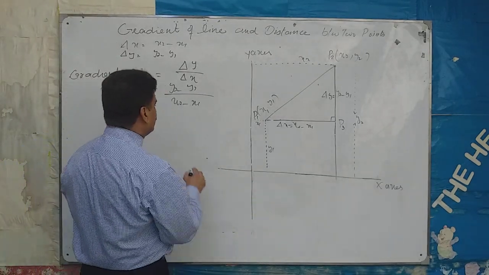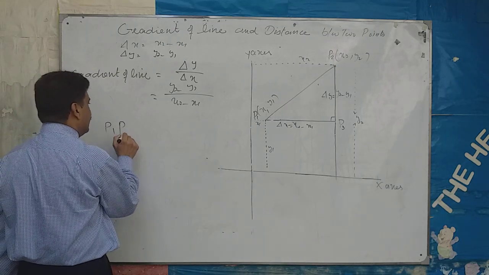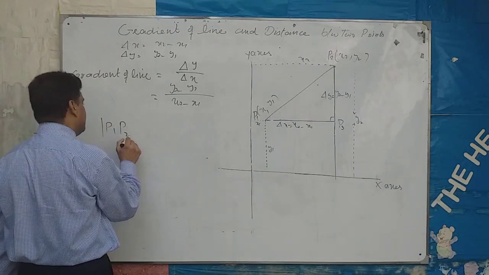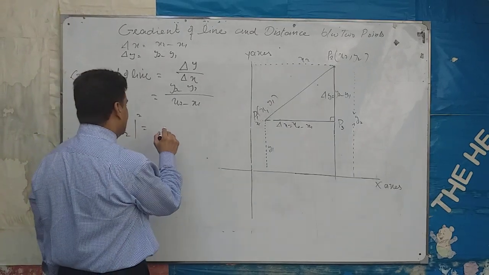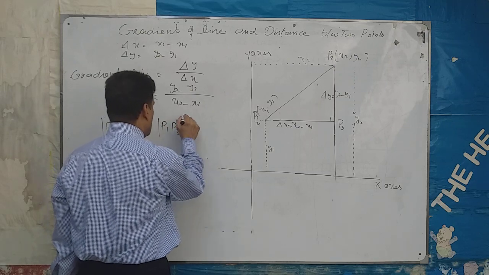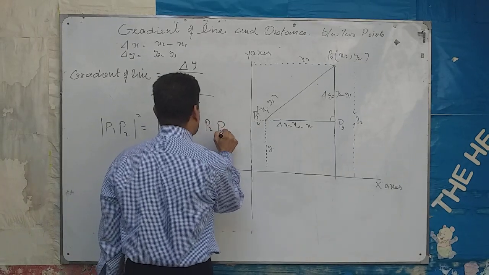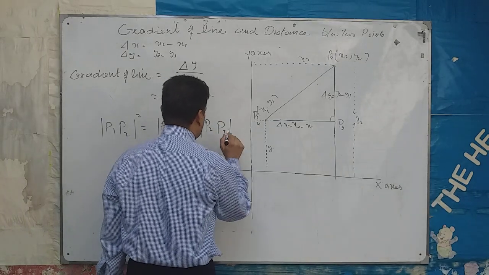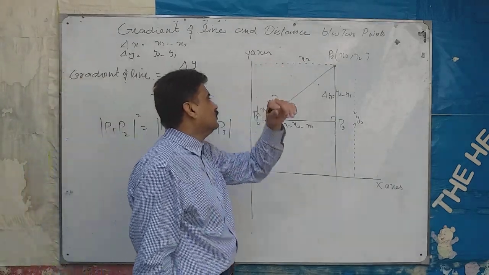By Pythagoras theorem, the square of the hypotenuse, which is P1, P2, is equal to the square of P1, P3 plus the square of P2, P3. We just want to find the length of P1, P2.